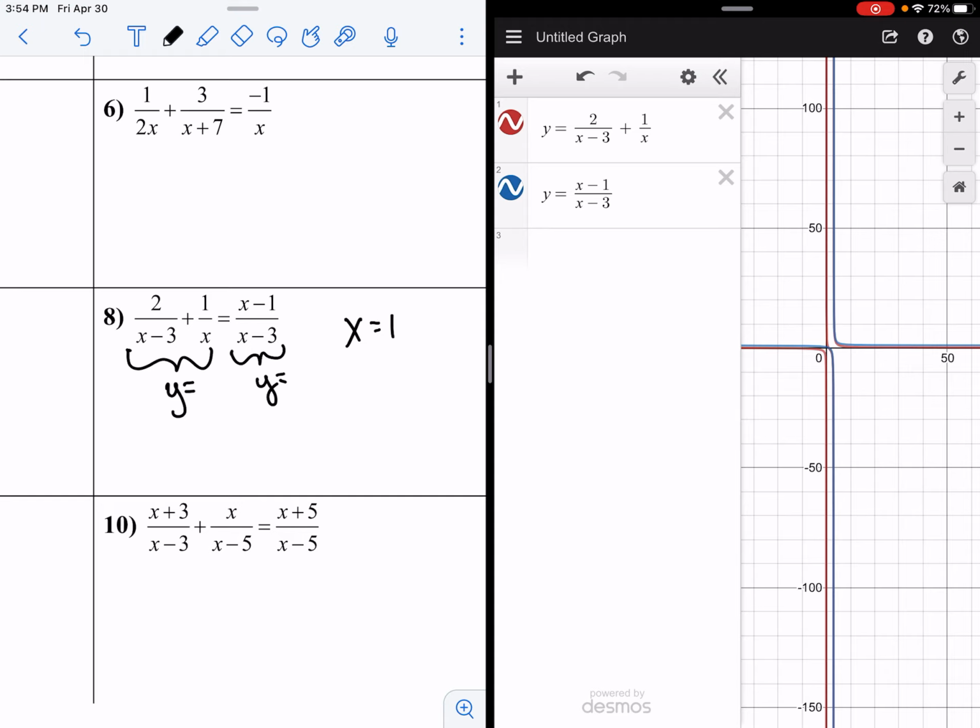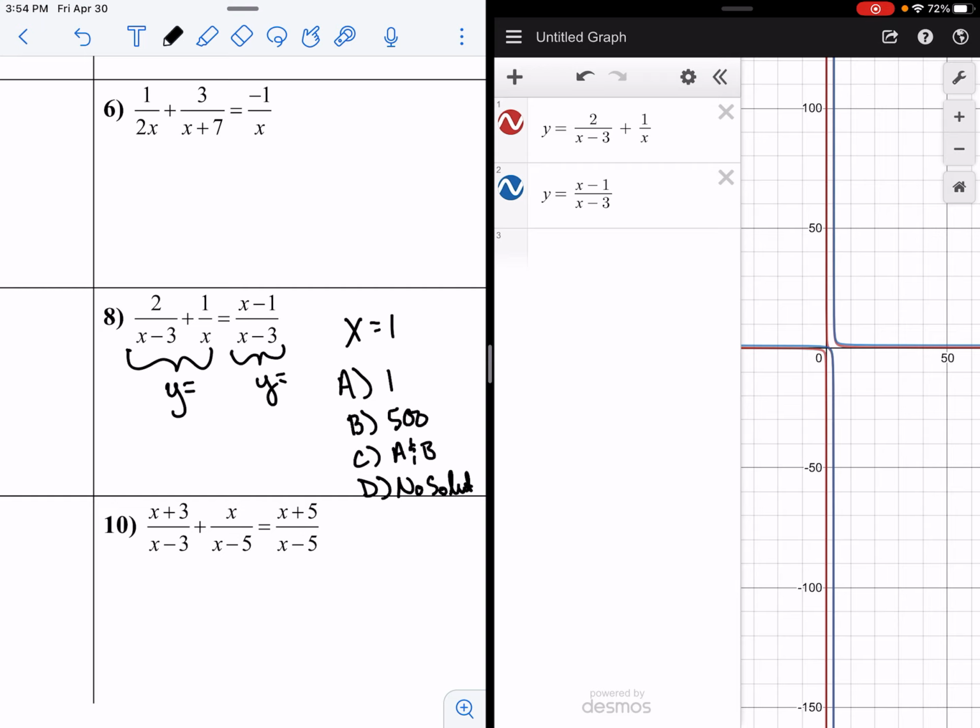Now, let's just say this was a multiple choice test and A was 1, B was 500, C was both A and B, and D was no solution. How would we do this?